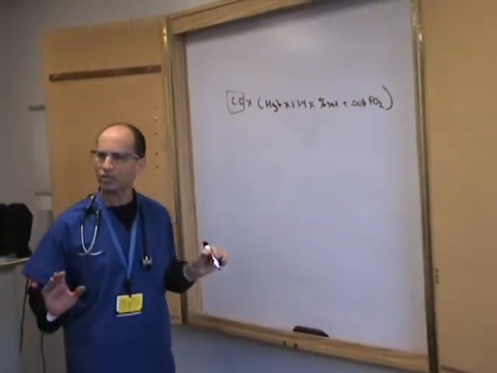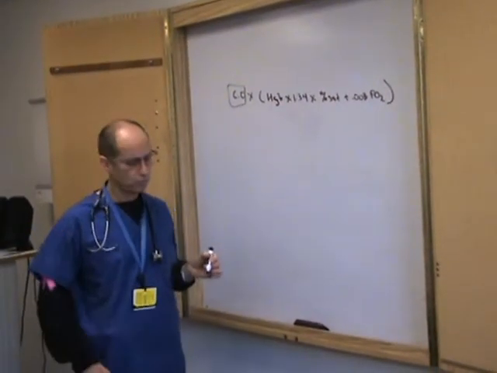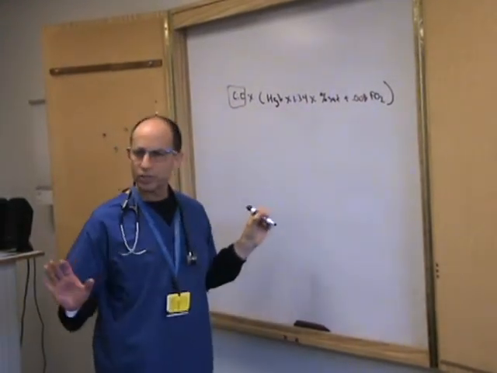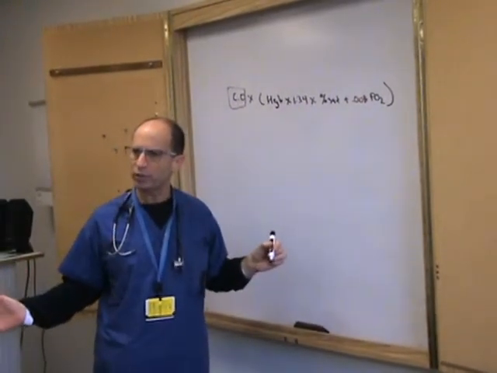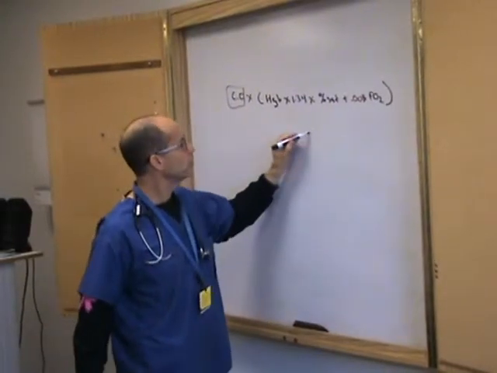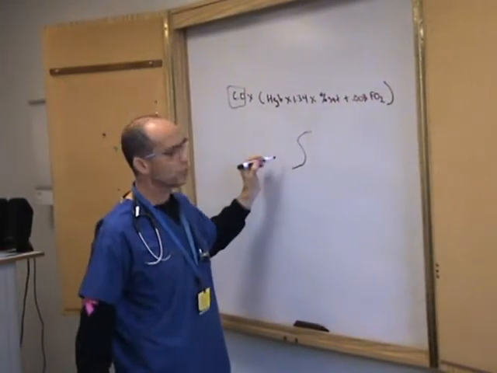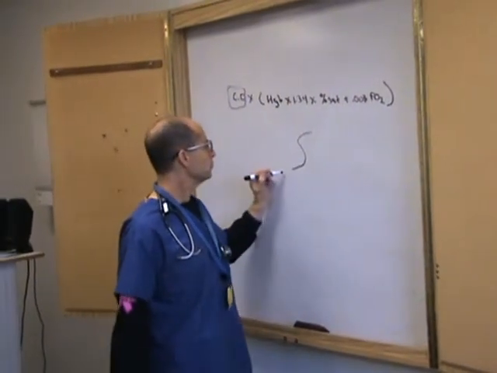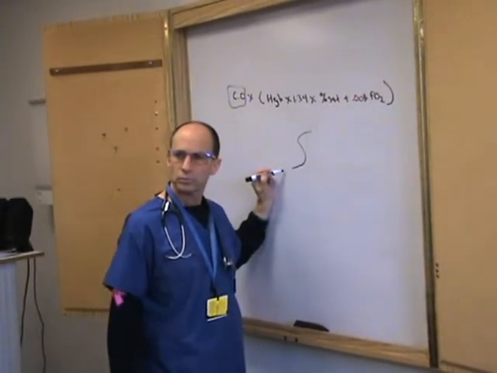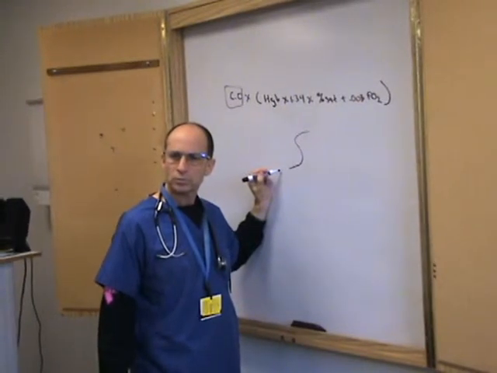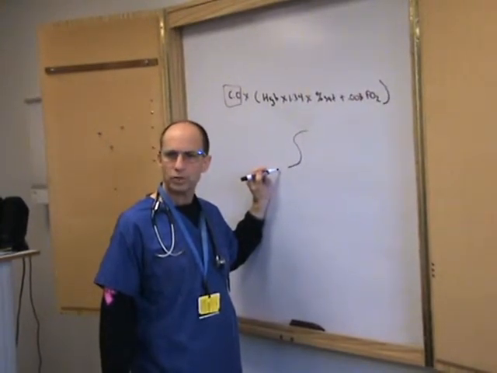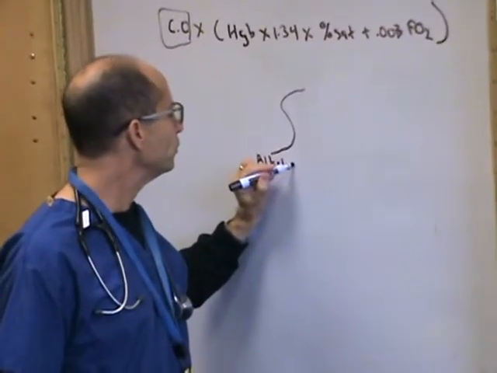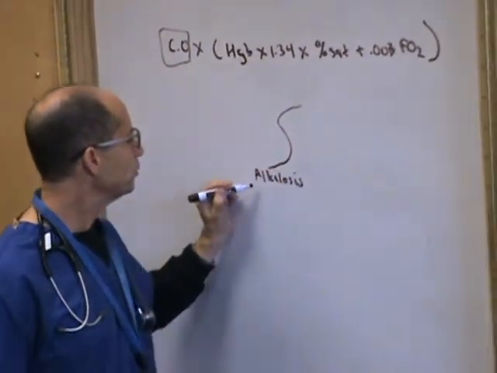Now you have to take this in the context of your pH, because your percent sat is dependent upon your pH. Remember the oxyhemoglobin dissociation curve and things that shift it? So what shifts it to the left? Acidosis. Or is that shifted to the right? Shifts to the right. Alkalosis, and these are board questions, let me tell you. Alkalosis, right? What else?